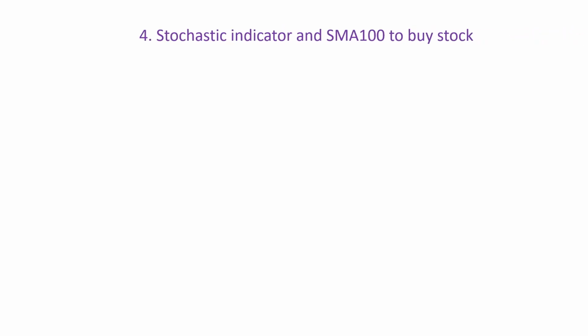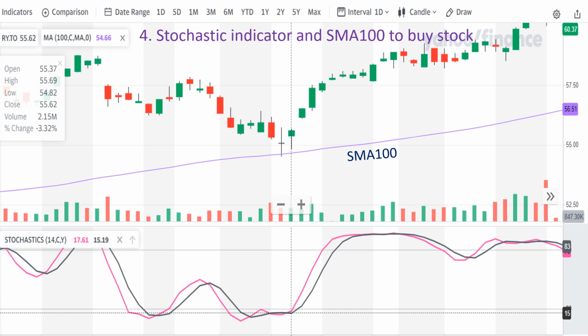The fourth golden trading strategy is using a stochastic indicator and SMA 100 to buy a stock. This is RY stock, D1 time frame, to buy stock based on the stochastic indicator and SMA 100 on a daily chart.